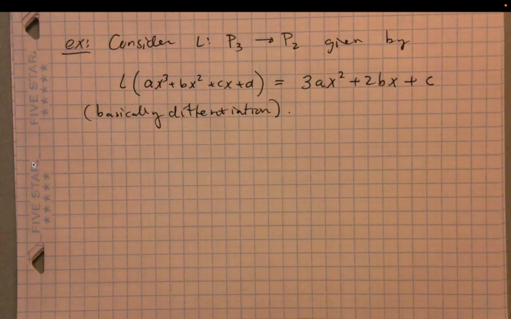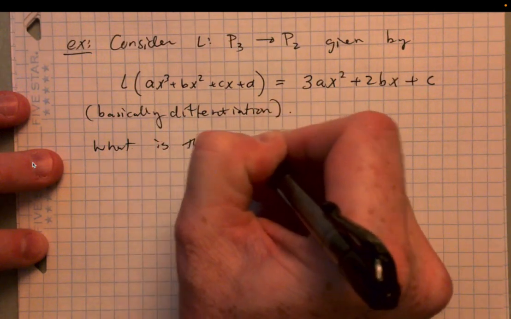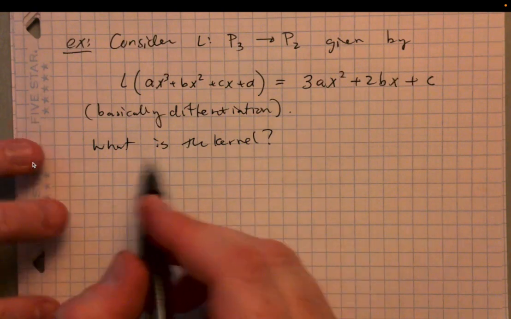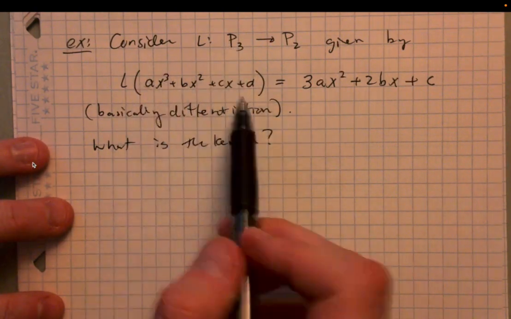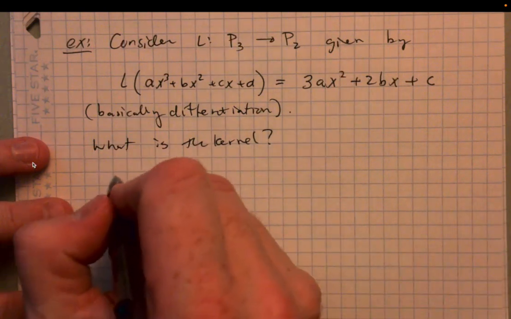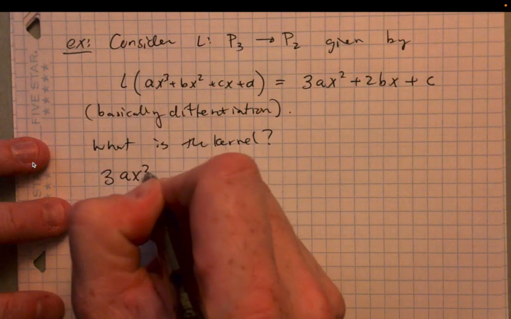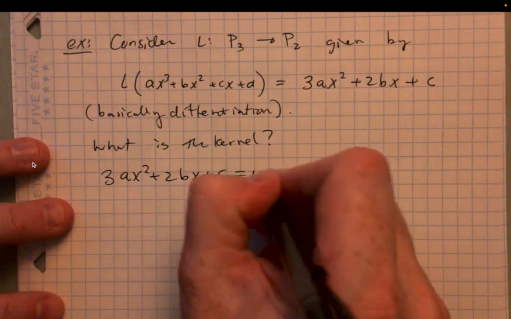And so what's the kernel here? Well, we have to think about what kind of vectors in P3 would map to 0. So basically we have 3ax squared plus 2bx plus c equaling 0.